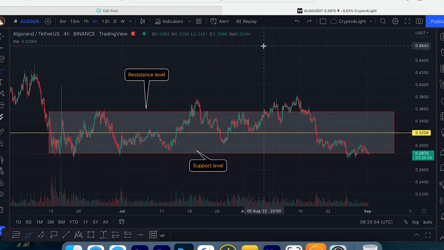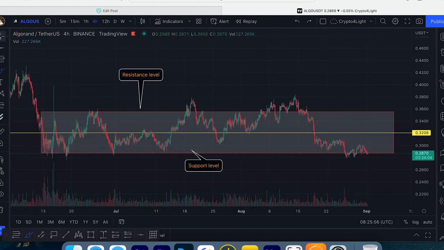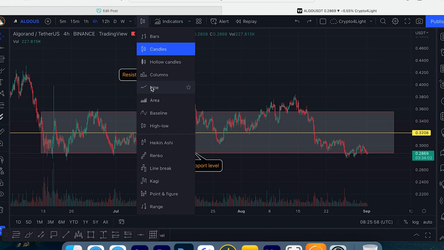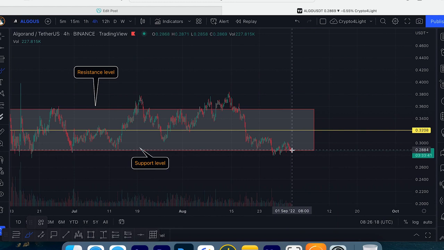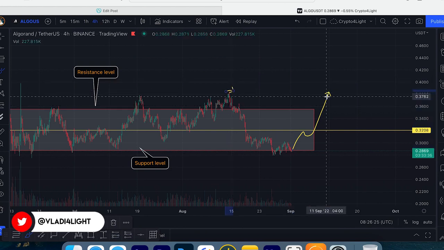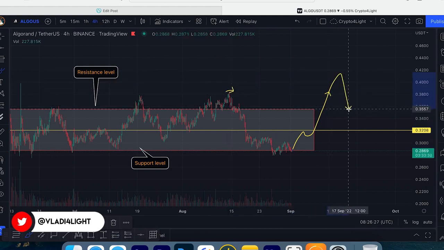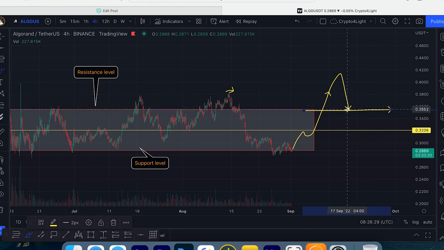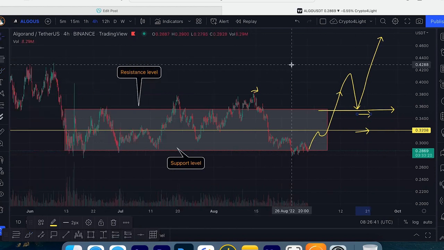That's how you can trade and how you can find support zones, not specific prices. For example, this current situation can play out like this. We can go into the middle line, trade it here, break out, form a higher high, retest this zone once again, and on this breakout you can open one more long position, and stop loss can be lower than the middle line, or even here if you want to minimize your losses.